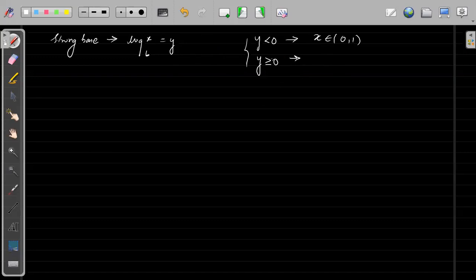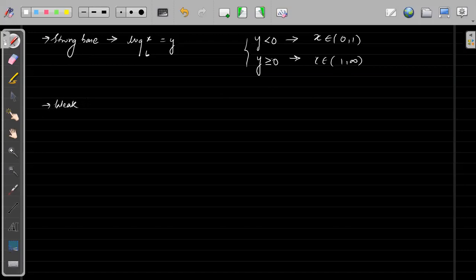For what values of x will y be greater than or equal to 0? Rajesh, 1 to 0 or 1 to infinity? I'm saying that y is less than 0 for x belonging to 0 to 1. Y will be greater than or equal to 0 for x belonging to 1 to infinity. Very good. This is for strong base. Let's see for weak base.